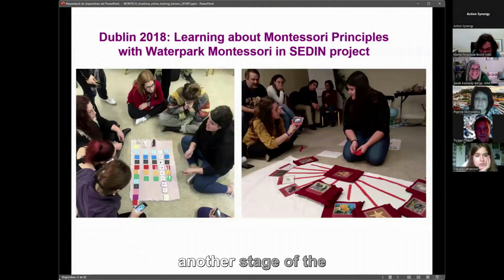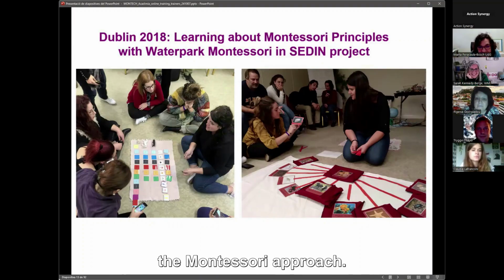Another seed, another stage of the idea of the project, was when we participated in the SENIM project. Here is where we were with Action Synergy. It was our first project together with other partners of the Academia Consortium and with the Waterpark Montessori, who were the experts in Montessori and introduced us to all the Montessori approach. And in Dublin, we were doing practical activities.